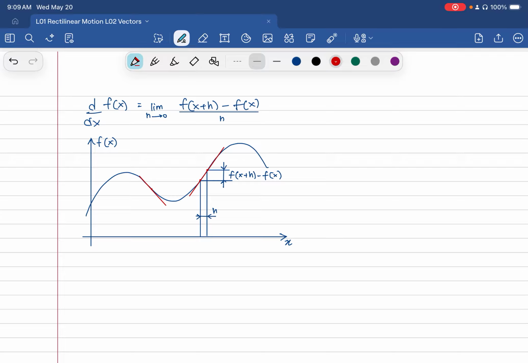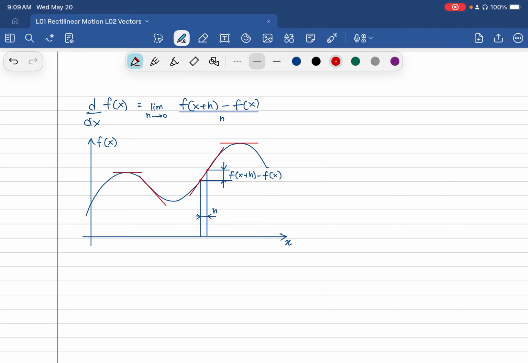Now, how can we use this? If ever you want to find the maxima or the minima, which is these points, so the points where the slope becomes zero, so this point over here and this point over here, they are maxima.